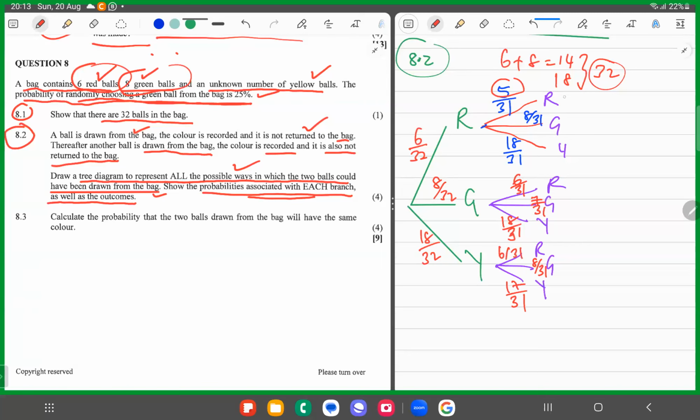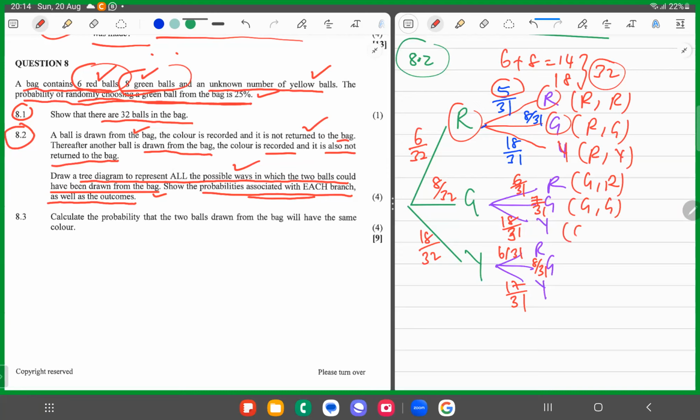So the possible outcomes would be red, red, or red, green, or red, yellow. Here you can do green, red. Here you can do green, green. These are the possible outcomes. Or you can do green, yellow. Here you can do yellow, red. Here you can do yellow, green.